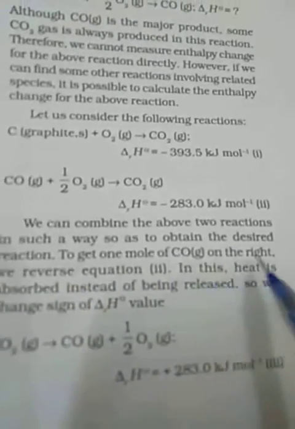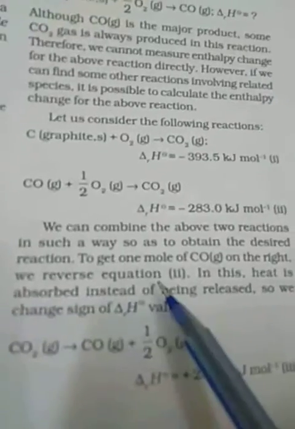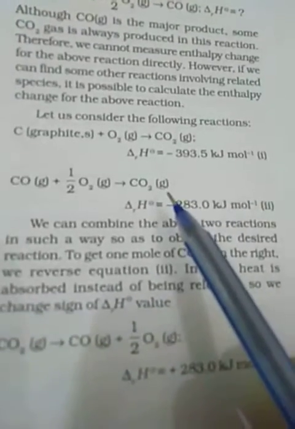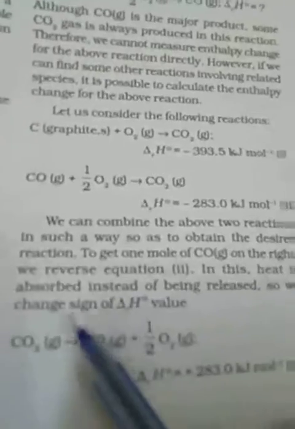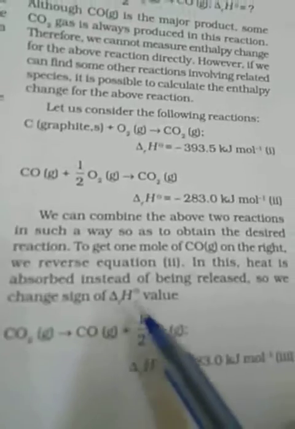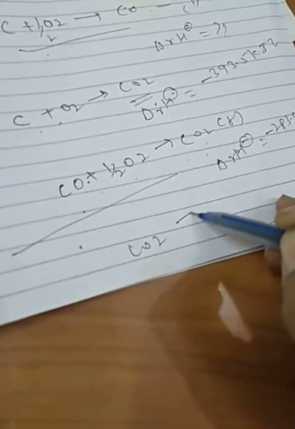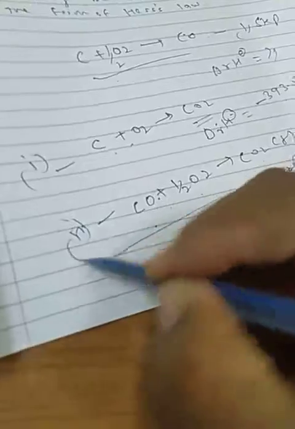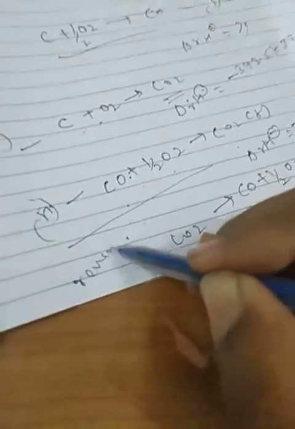To get 1 mole of CO on the right, we reverse the second reaction. In this, heat is absorbed instead of being released, so we change the sign of delta H. So I am reversing this: CO2 gives CO plus half O2, and this is plus 283.0 kilojoule per mole. See, this is first, this is second, and this is the reverse of second.